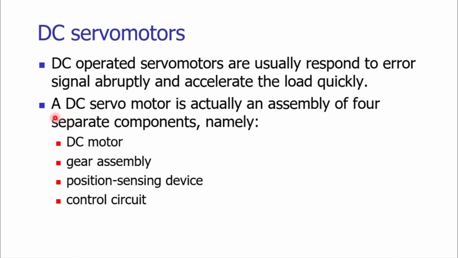A typical DC servo motor has four components: a DC motor, a gear assembly, a position sensing device, and control circuitry. We have already seen the principle of operation of a DC motor, the position sensing device and the application of control circuitry.